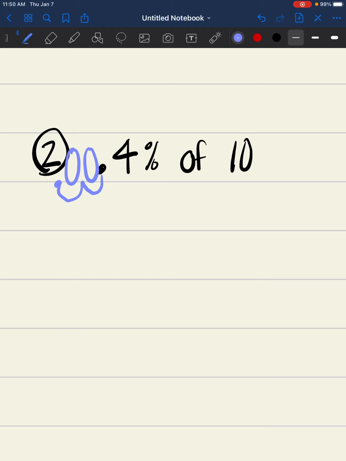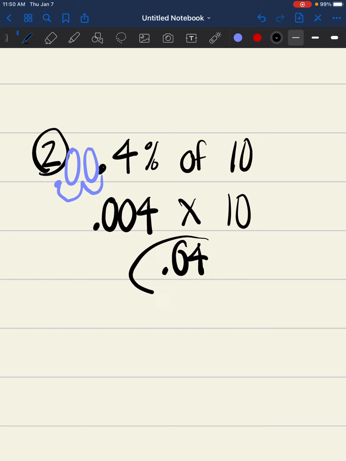So our new number is 0.004. And then again, of means to multiply by 10. So when we say 0.004 times 10, we get 0.04 as our answer.